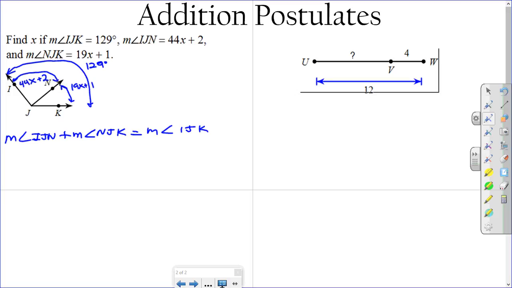Okay, so they're asking what is the measurement of angle IJN. The measurement of angle IJN is 44x plus 2, then plus the measurement of angle NJK. NJK is 19x plus 1.